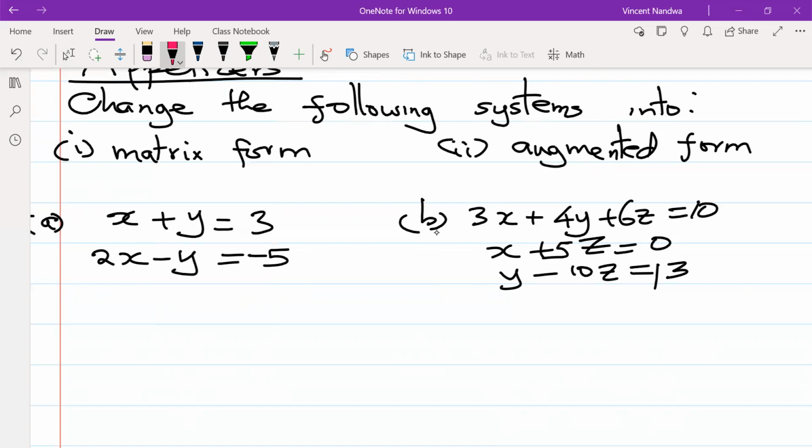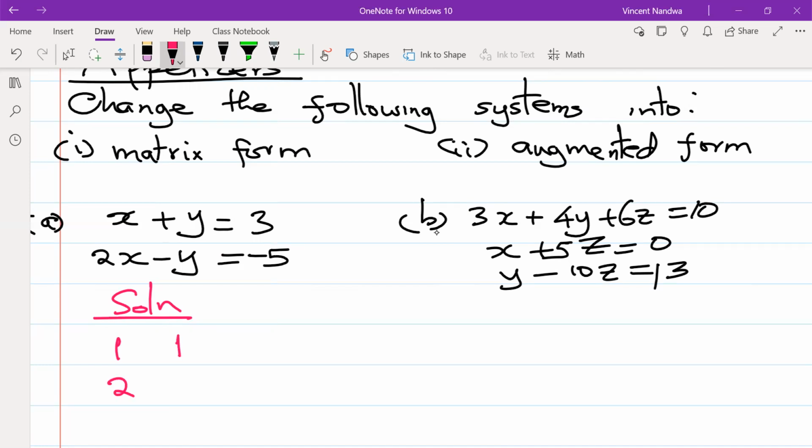So the coefficient of x in the first equation is the number before x, 1. y is also 1. x in the second equation is 2.